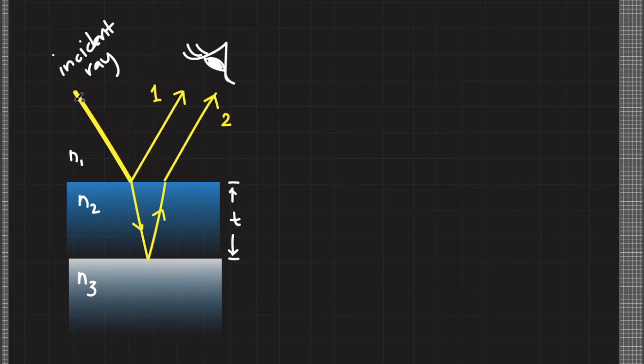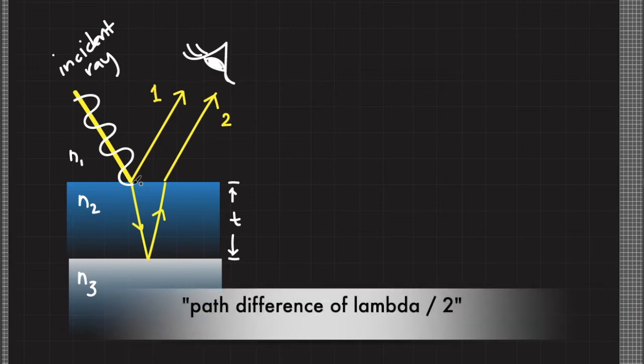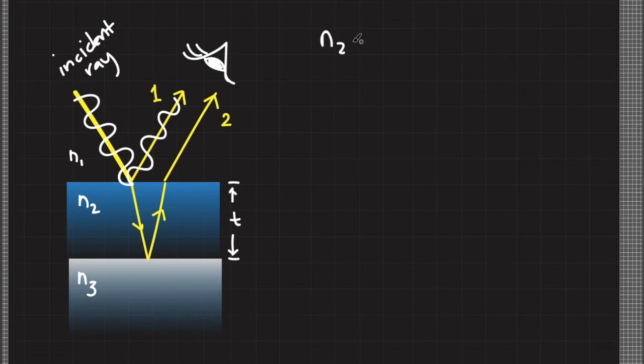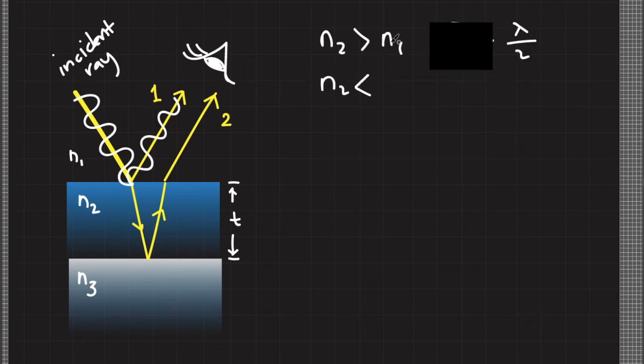So if I draw the incident ray like this, then when it is reflected, it has an opposite phase, or a phase lag of lambda over 2. If medium 2 has a higher refractive index than medium 1, then the reflected ray will be out of phase, or will have a path length difference of lambda over 2. However, when the second medium has a lower refractive index than the first medium, then the reflected light ray will have the same phase as the incident ray.